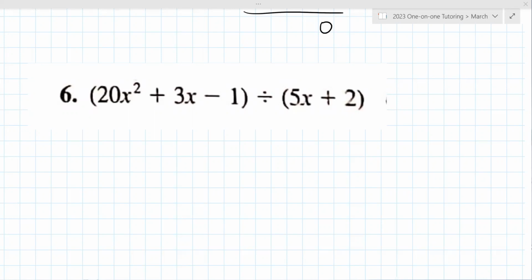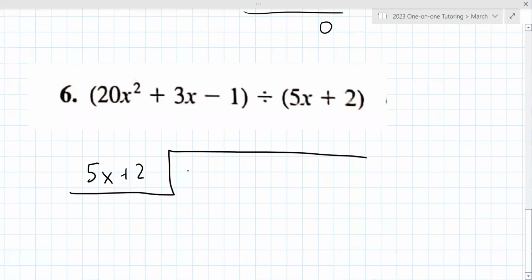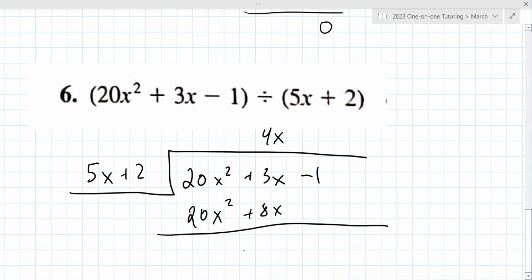Let me put up a little bit here just to see if there's any issues. Should be 4x is your first one. Yep. So it should be minus 5x minus 1. Yes. Okay.